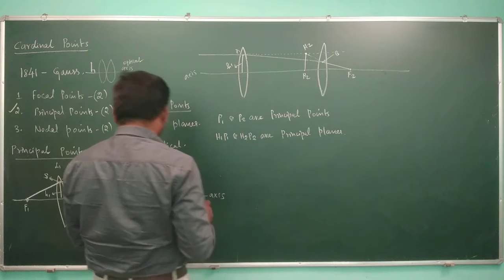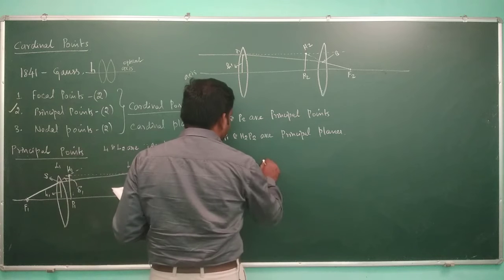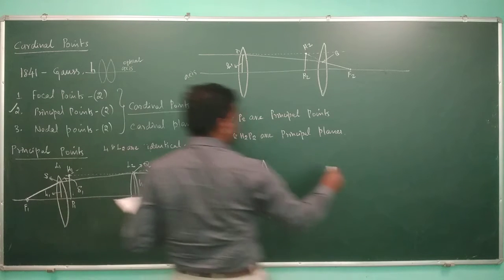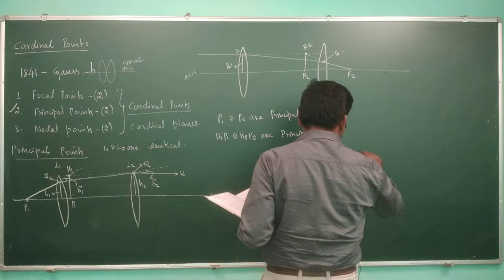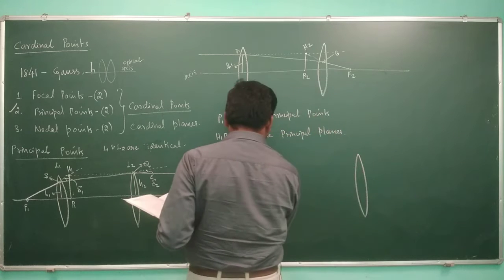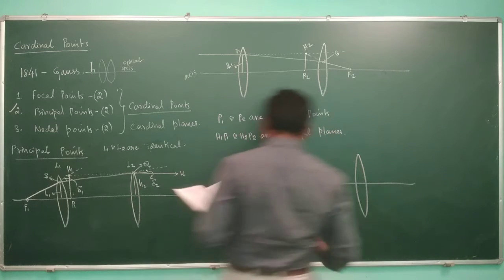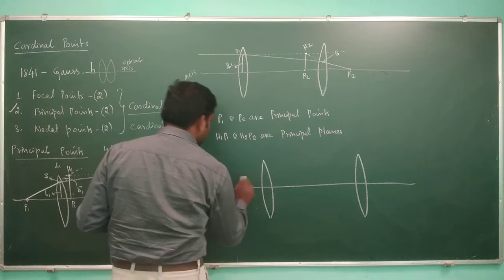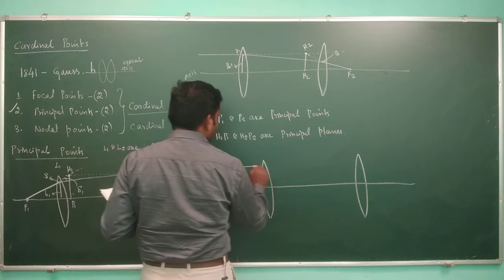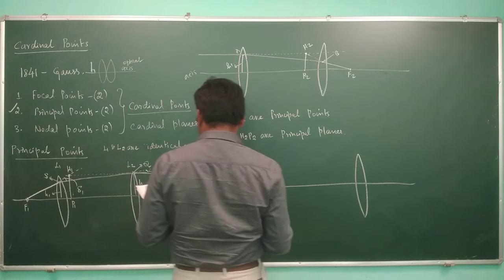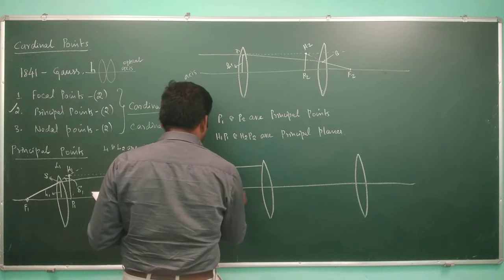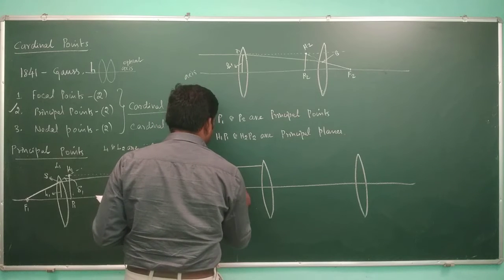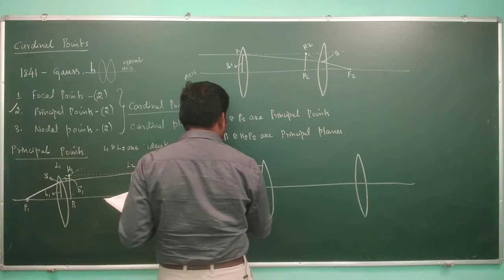Here, if we draw another diagram combining these two, initially we have a parallel ray, and we have another ray from focal point 1.